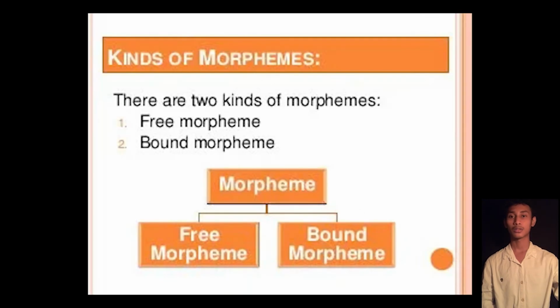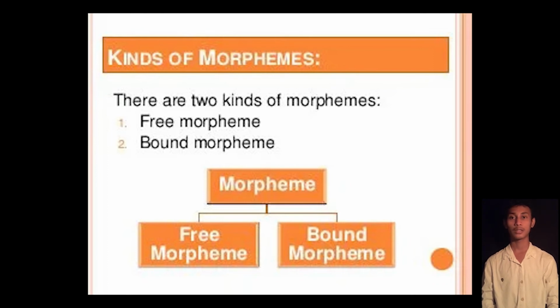There are two types of morpheme, namely free morpheme and bound morpheme. A free morpheme is a morpheme that can stand alone in a sentence structure.